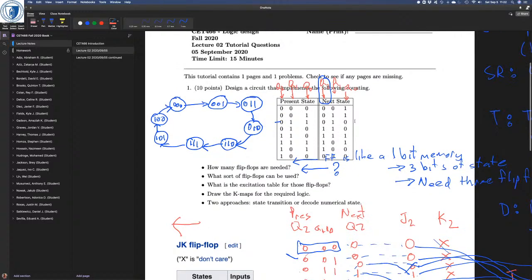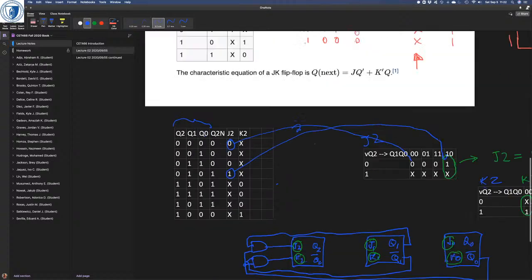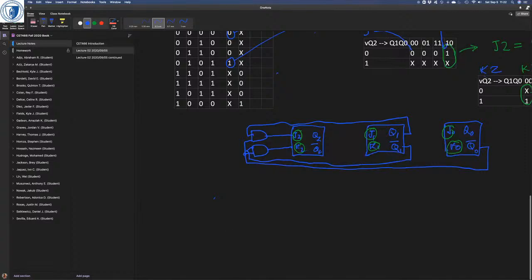One way we could have tackled this is to say we're just going to use a counter, and our state is going to be nothing more than a counter that goes from 0 up to 7 back to 0.